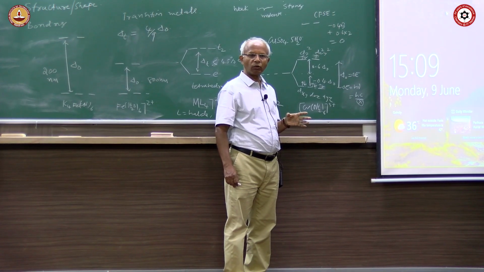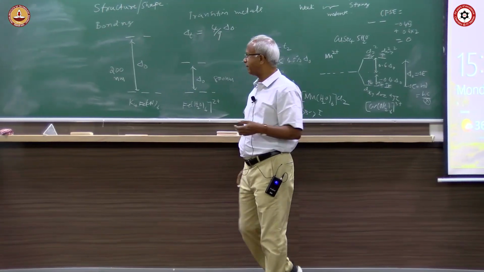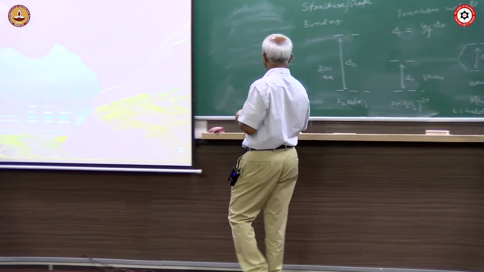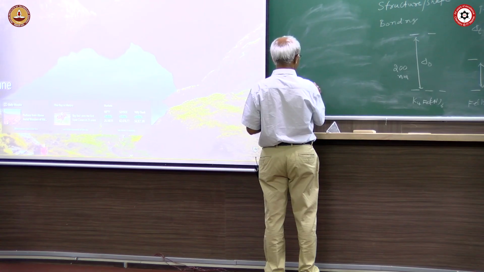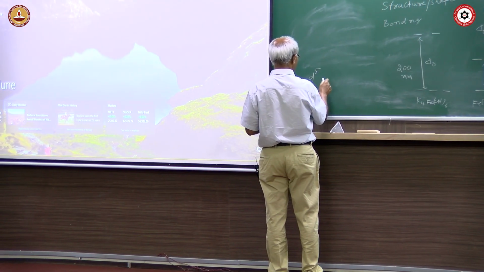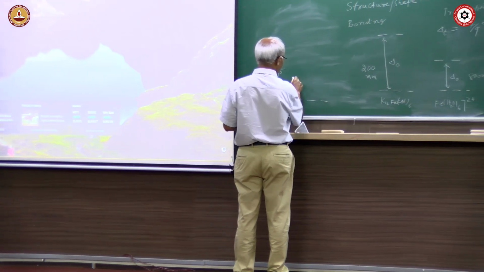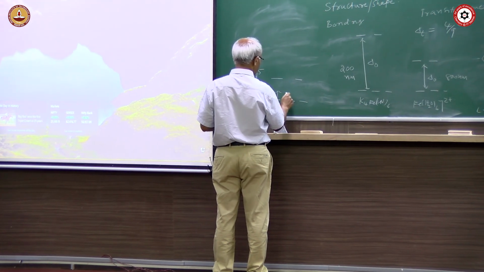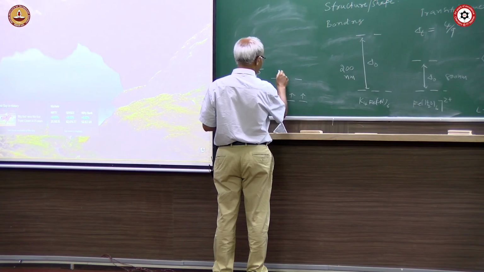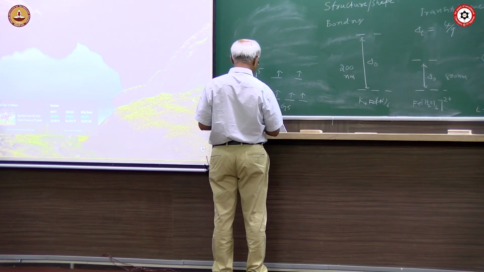Whenever there is a change in the spin state, when does it happen? Let us take a d5 system, 3d5. So this is the ground state.